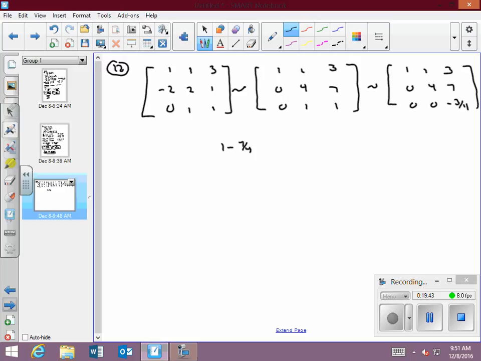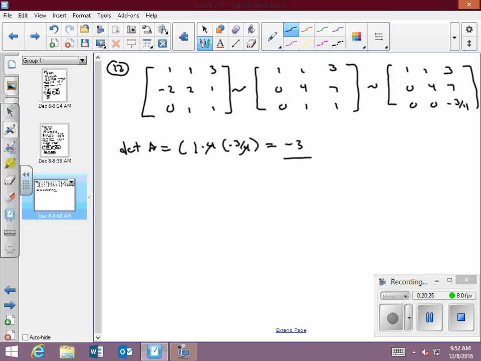Now my determinant should be the determinant of that matrix, I'll call it A. Should be the diagonal, right? 1 times 4 times minus 3/4. So it should be -3. Is that right? So this should be my determinant of my matrix.